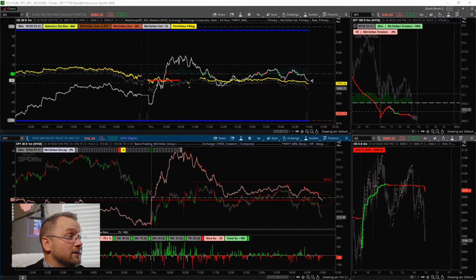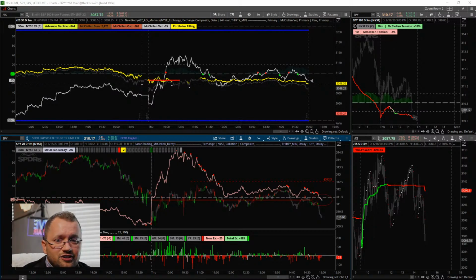In terms of what the bears could be wanting to do right now, I think they just got everything they wanted. They just liquidated those bulls. They just got the things they were looking for. Tension is still not moving aggressively.